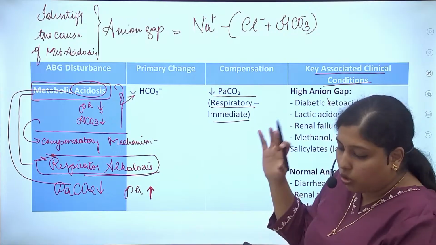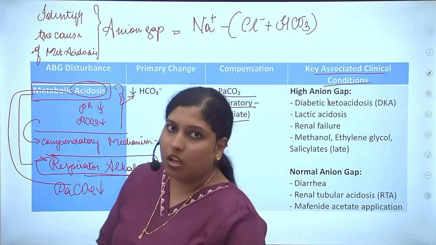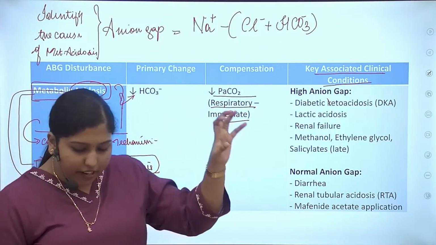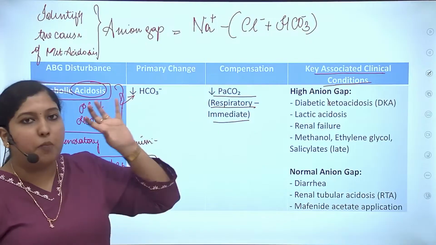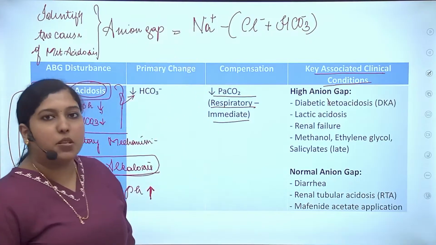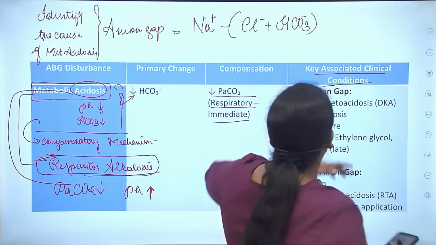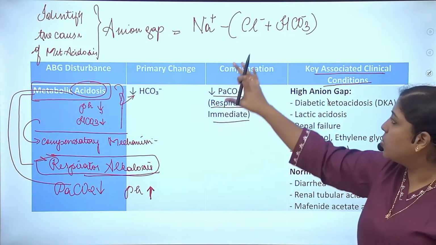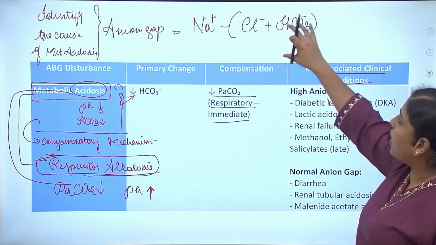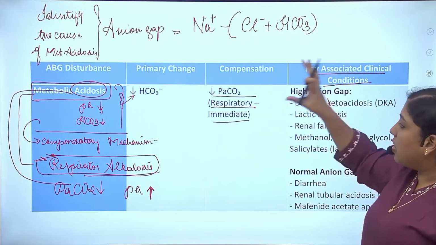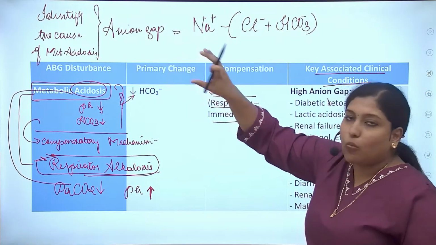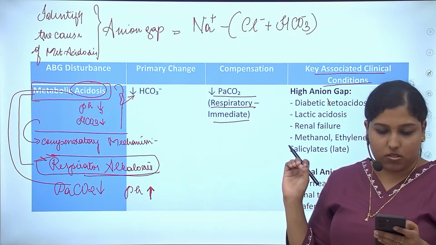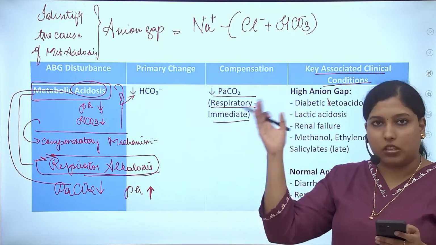Chloride and HCO3 are the major anions, and identifying their concentration will give the approximate value. Same way, sodium is a major cation. So these two are anions and this is the cation you have to remember. Just remember the formula, that is very important. So it is sodium minus chloride plus HCO3. Remember, anion gap is only done in case of metabolic acidosis to identify the cause of metabolic acidosis. Don't confuse yourself with other things, right?